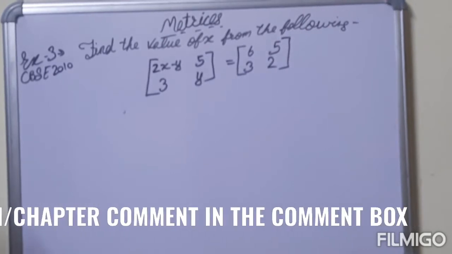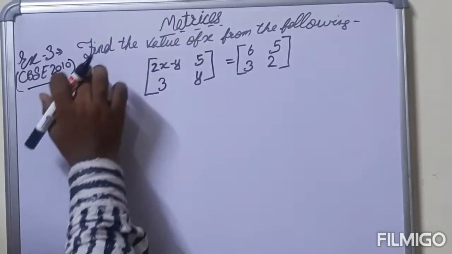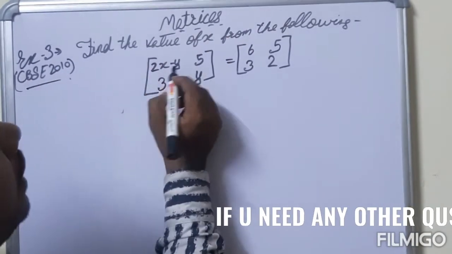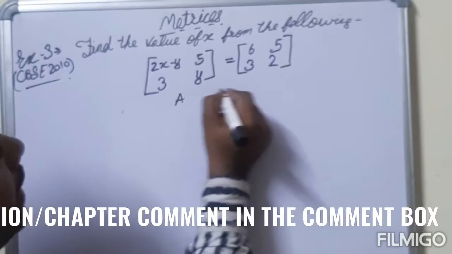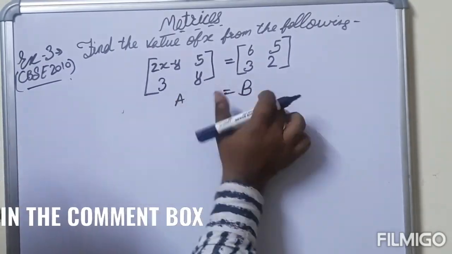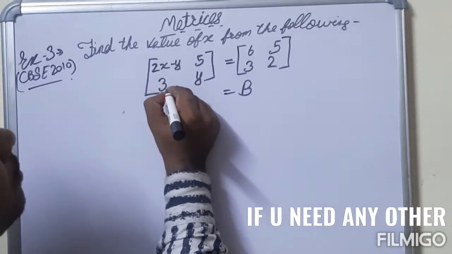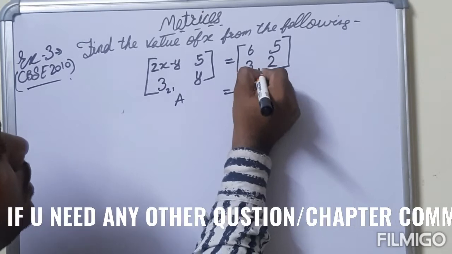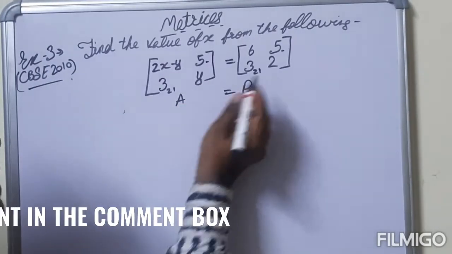In this third example, which was also asked in CBSE 2010, we have to find the value of x from the following. We are given the equation A is equal to B, with two matrices. As we can see, the element A21 is equal to B21, so y is equal to 2.